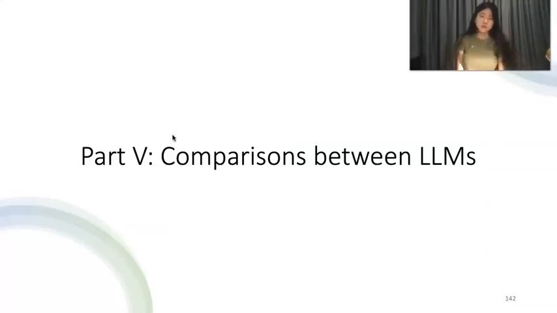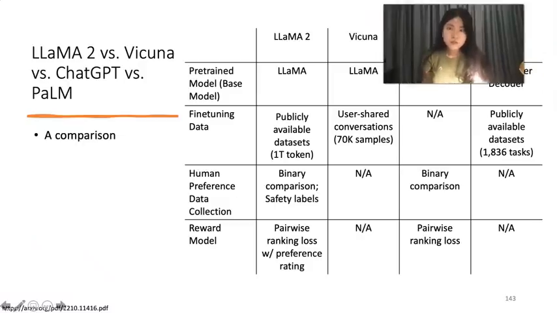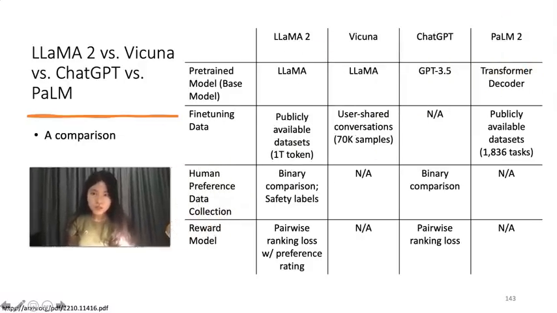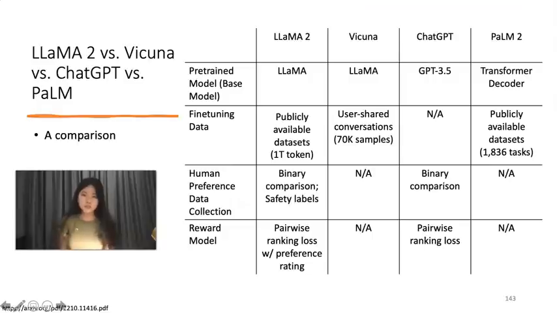Right. So for the last two parts, I will just very briefly go through the comparisons between large language models and domain-specific language models. So here I will just draw some comparisons between the models I just mentioned in this study sharing session: Llama 2, Vicuna, ChatGPT, and PaLM 2.